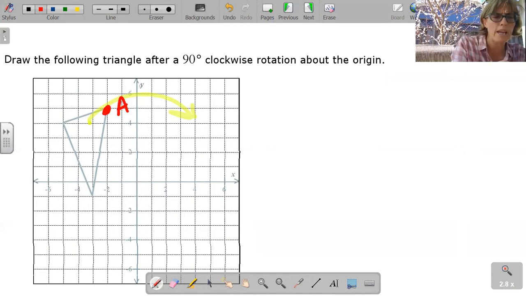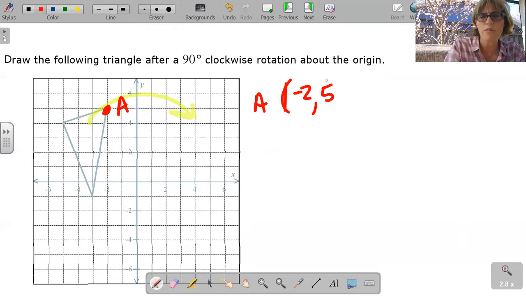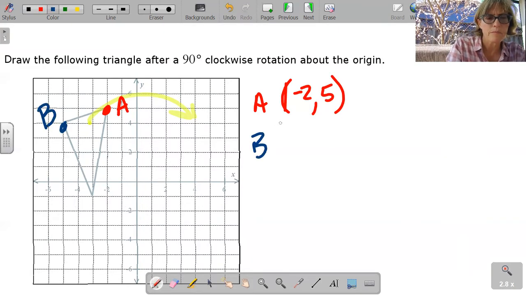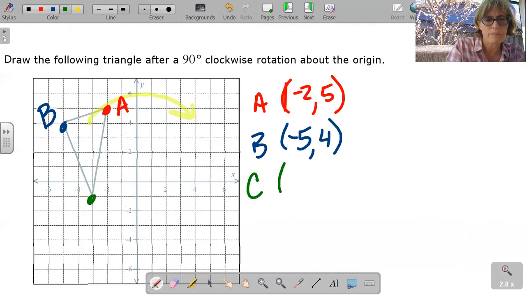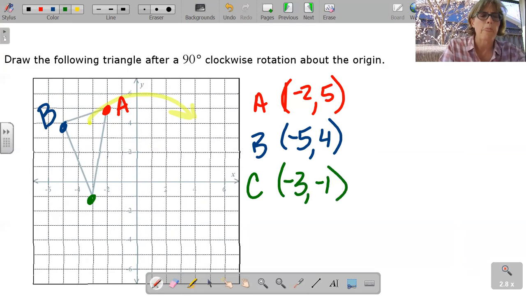I'm just going to call that A. That's going to be -2, +5. B is at -5, +4. C is at -3, -1.